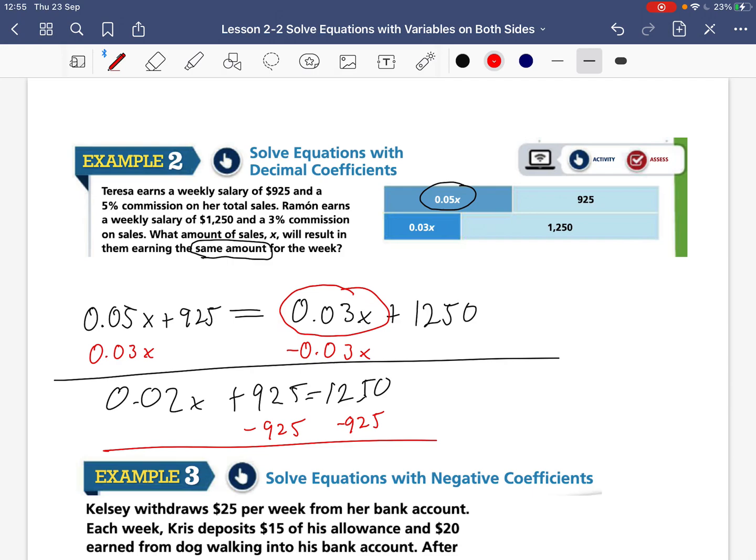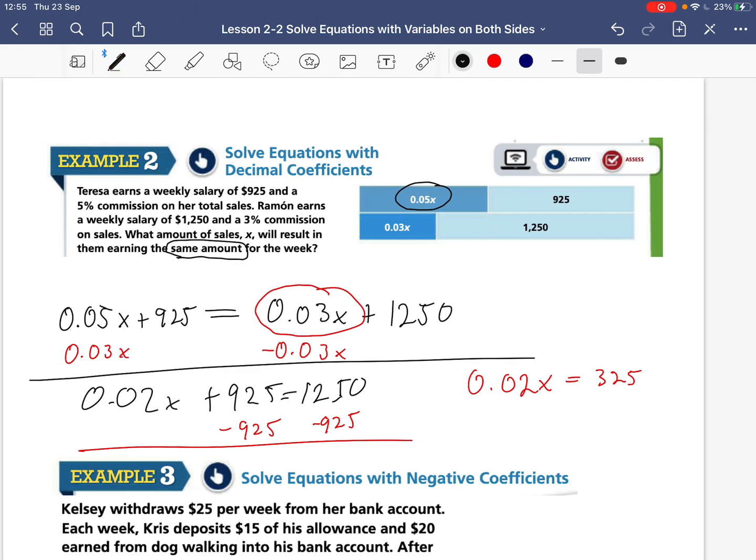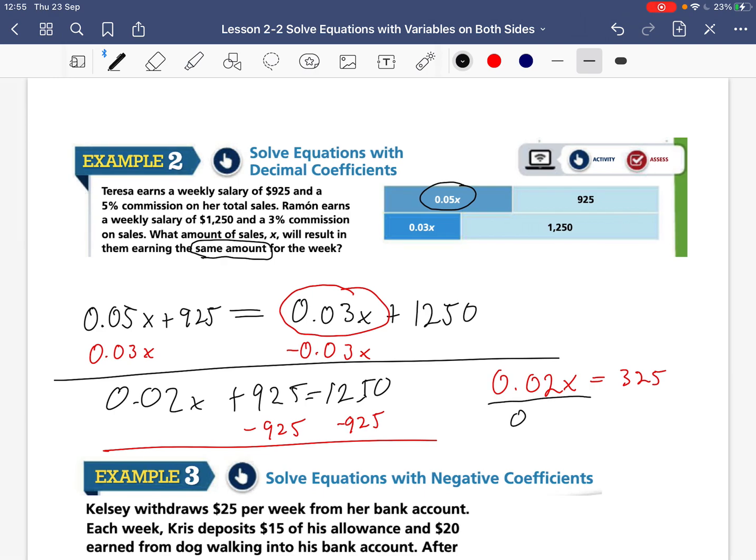So we have 0.02x equals 325, which is 1250 minus 925. Okay, and then we will divide both sides by 0.02.